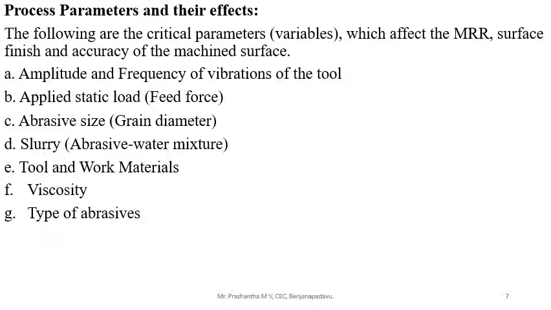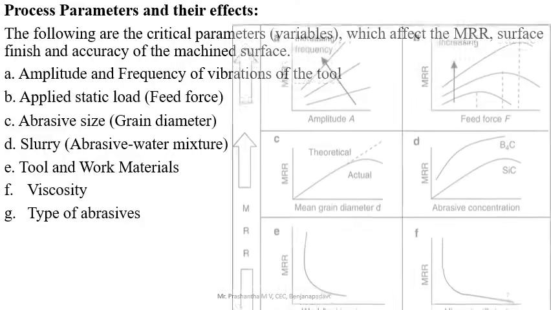And next one is tool and workpiece materials. And next is viscosity. And last is type of abrasives. See, these are the process parameters or critical parameters. They will directly affect material removal rate, surface finish and accuracy of the machined surface.